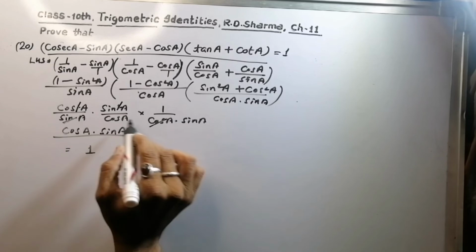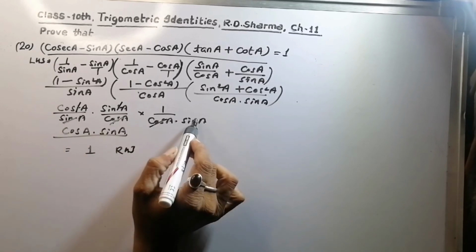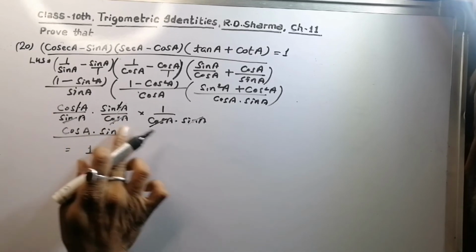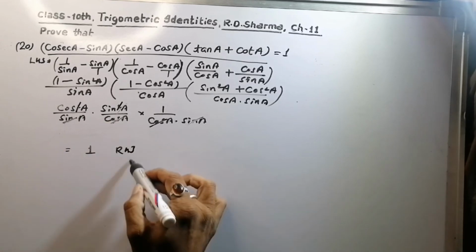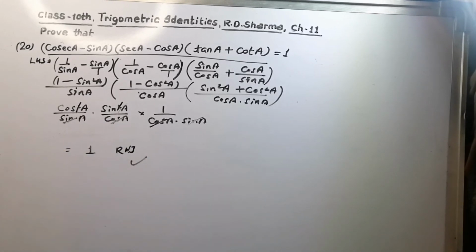Now 1 minus 1 cancels, and we get cot square theta plus cos square theta, which is equal to the right hand side.